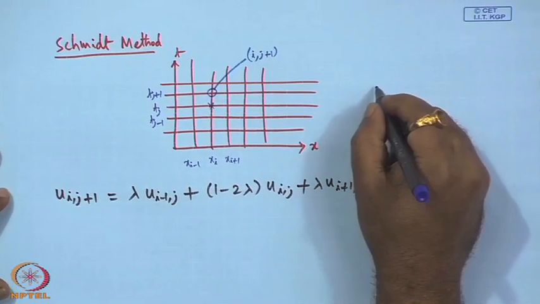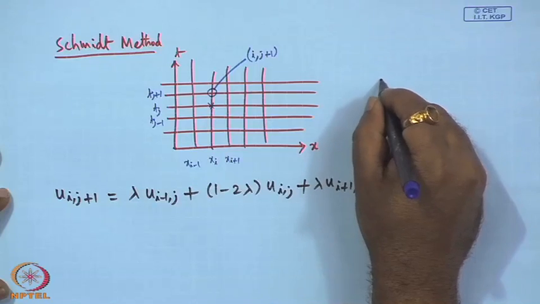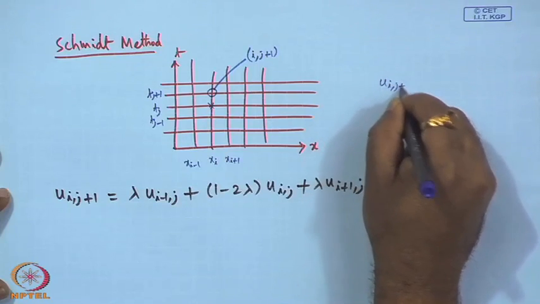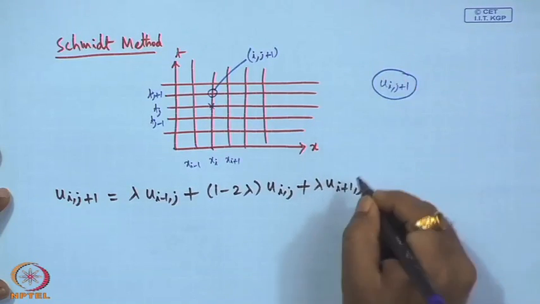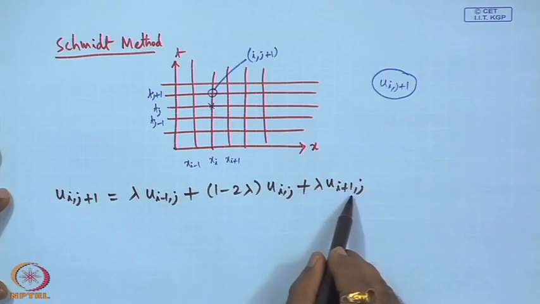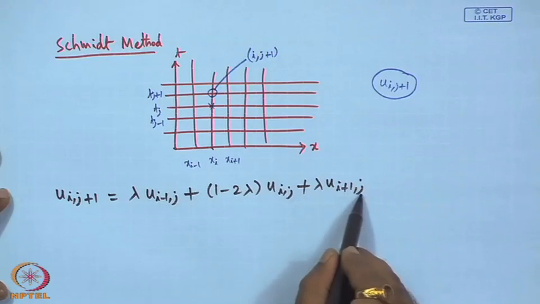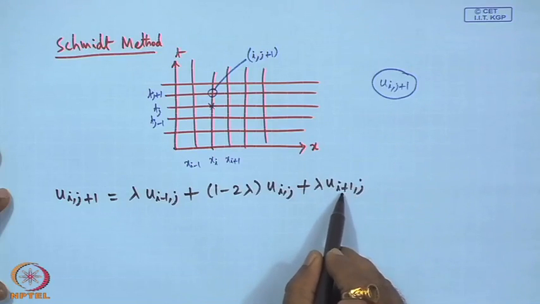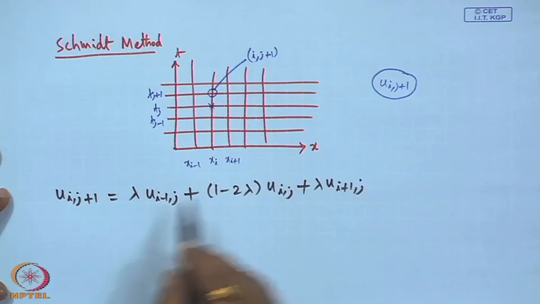Okay. So, let me mark, and this is asking the function values at past time at which grid points, at I plus 1, I and I minus 1.